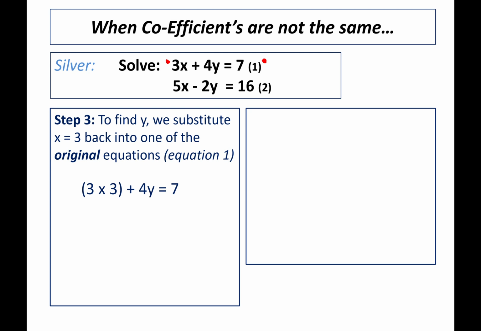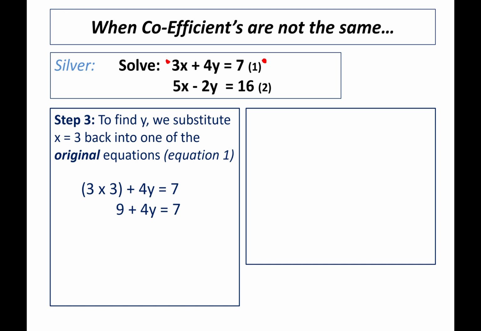And from here, we're going to solve for y. So let's multiply out our brackets. 3 times 3 gives us 9. Plus 4y equals 7. And now I want to solve for y. That means I want y on the left and the numbers on the right.